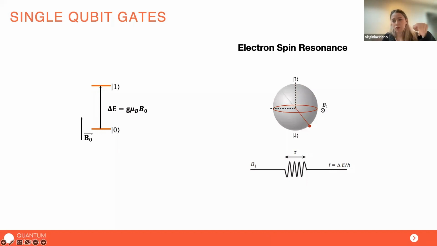And that's going to make your spin rotate. So you can change it from, for example, a spin up to a spin down, or depending on how long you are applying this oscillating magnetic field, it can rotate more or less.